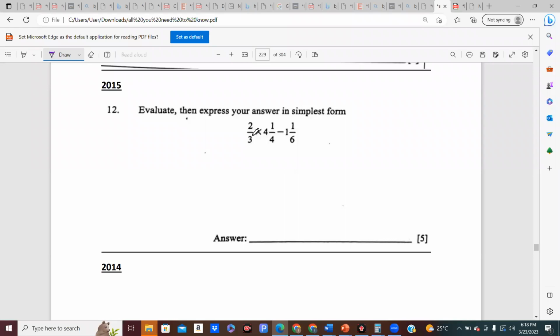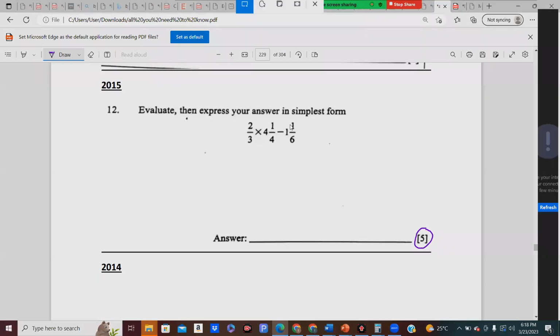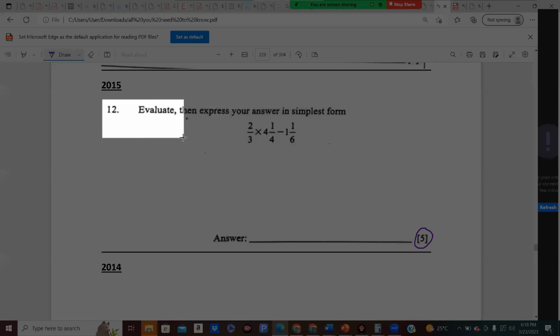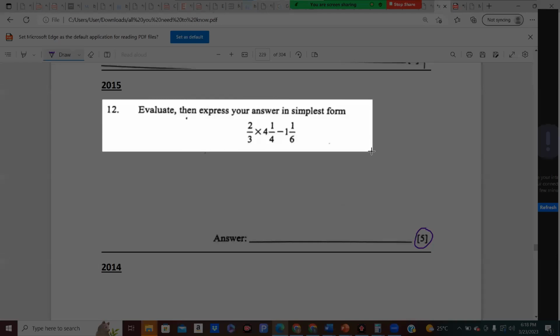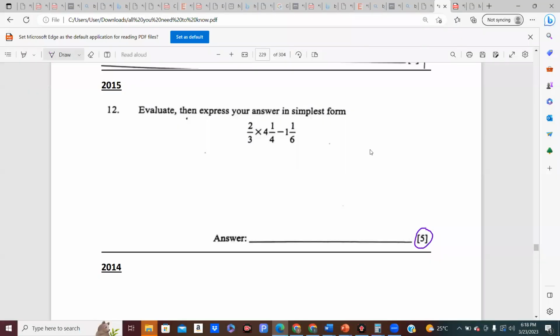So we have 2/3 times 4 and 1/4 minus 1 and 1/6. This is for 5 points. If you get this right, you get 5 marks. That's a lot. If you get it wrong, then you lose 5 marks. So a lot depends on your understanding of how to do fractions. So let's do it.